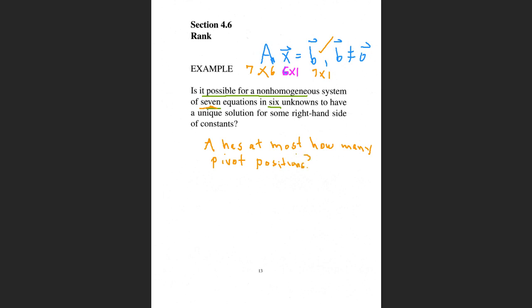A is a 7 by 6 matrix. So at most, how many pivot positions would be in the matrix A? Or how many pivot columns at most? That's right, David. Excellent. 6.